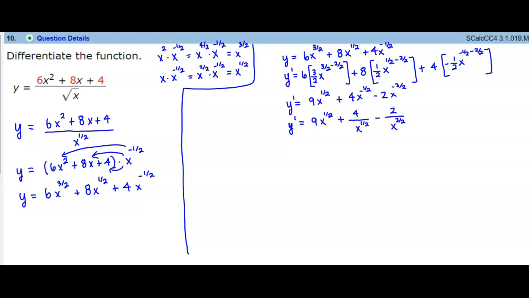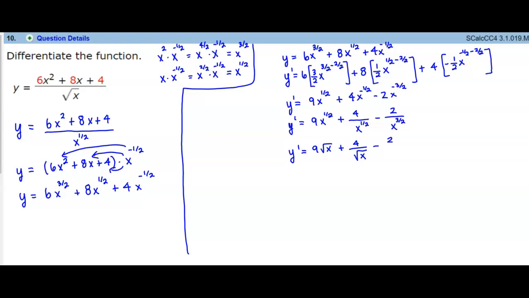Okay, and so what we want to do is go back to the original function and make sure that we now have radicals. So we have y prime, which is going to equal 9 times the square root of x plus 4 over the square root of x minus 2.